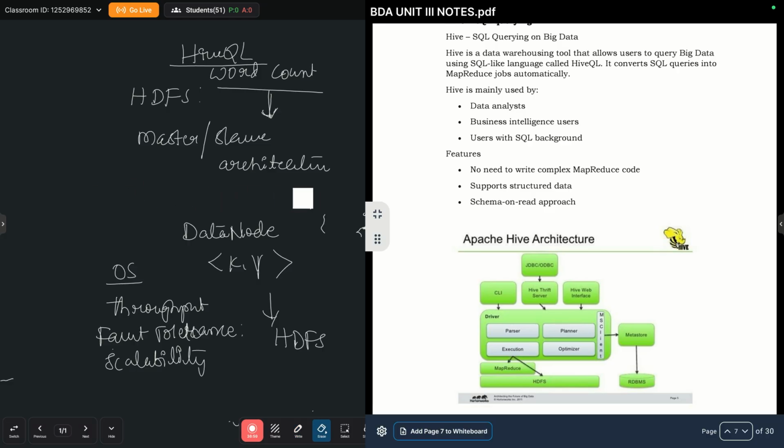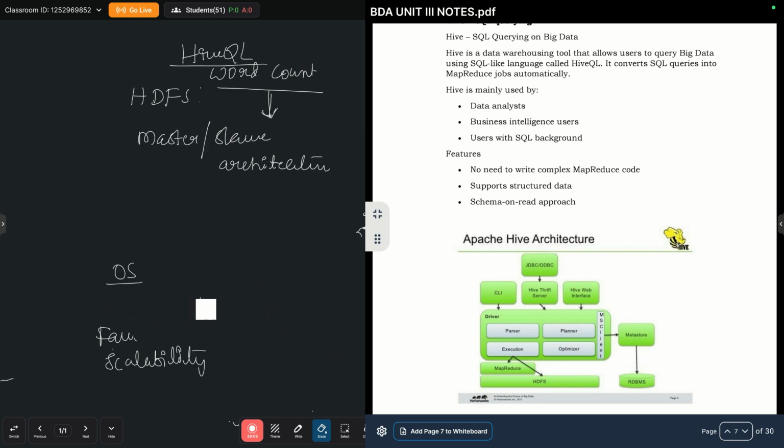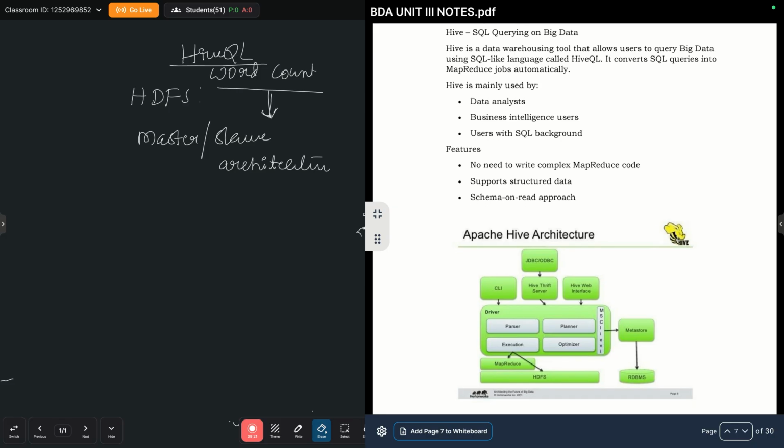In big data, there are four characteristics, right: volume, variety, velocity, and veracity. Volume is the massive amount of data created and generated from various resources.